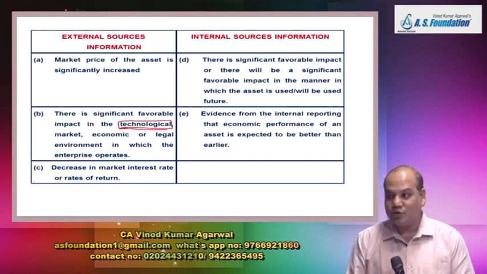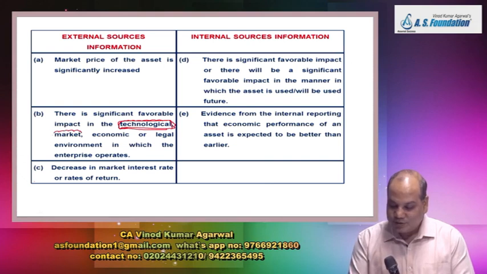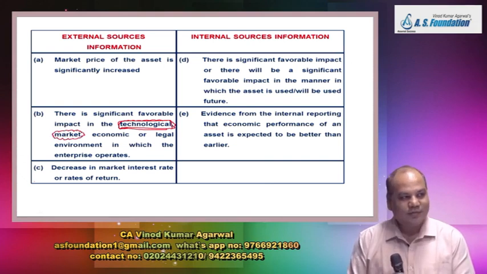But what do the companies do? The smart companies will quickly adopt the new technology, right? And again the value in use will go up. Taste and fashion always take a U-turn, okay? And again the demand for your product has gone up.